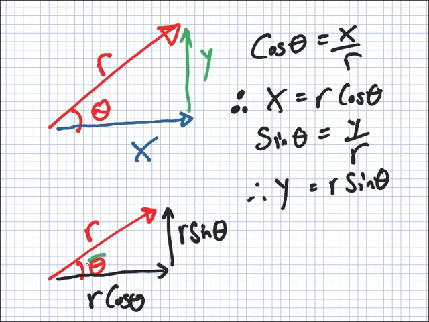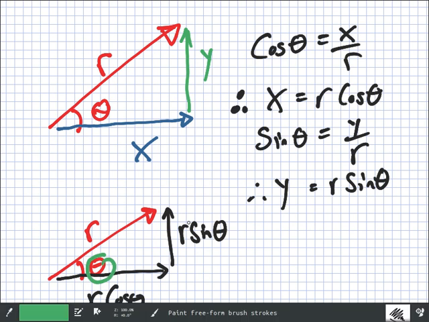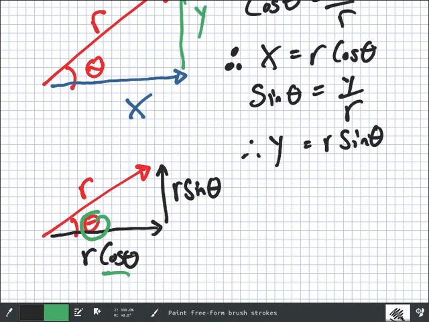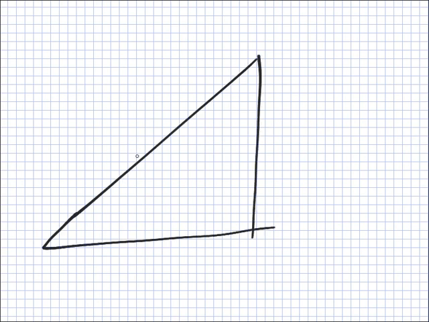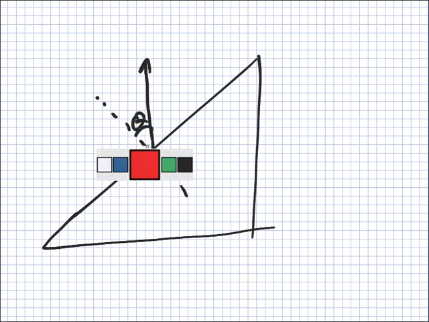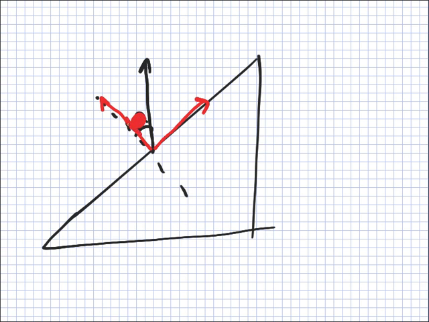Now, this is important. Remember, the side with the theta is the cos. So, for example, if I draw something like this and I ask you for this and this, because the theta touches this side, we know that this one is the cos and this is the sine.